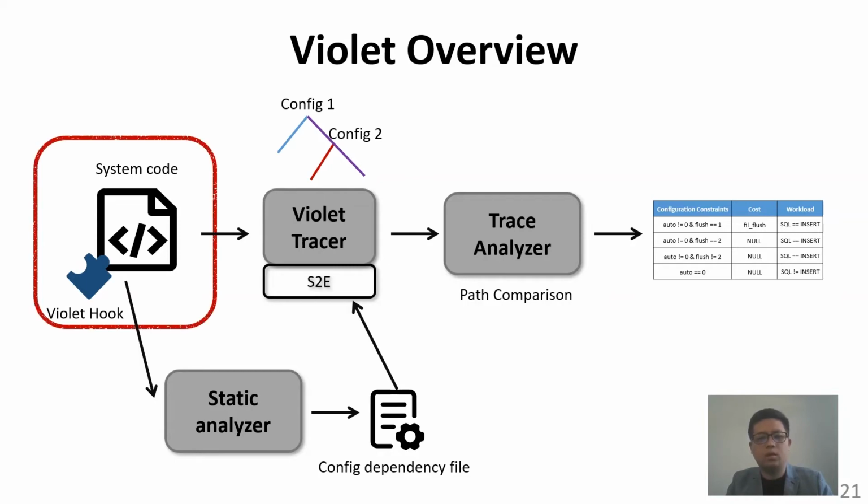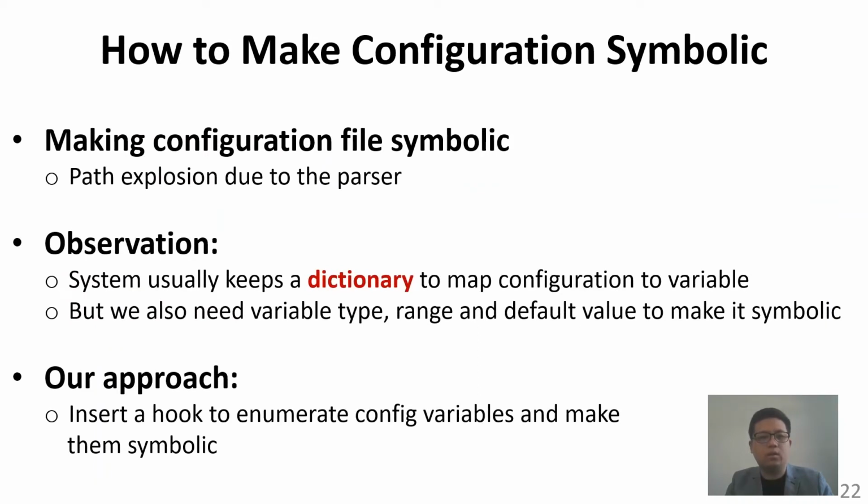First, I will talk about the symbolic hooks. The simplest way to make configuration symbolic is to make the whole configuration file symbolic. However, this would cause path explosion due to the complexity of the file parser implementation.